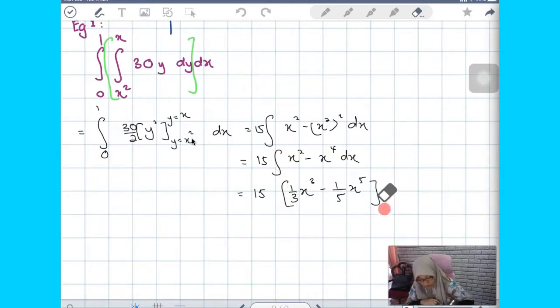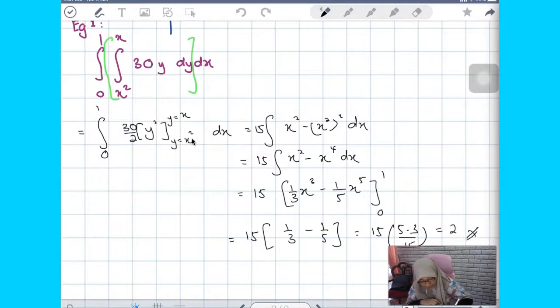So x from 0 to 1, you have 15 times 1 over 3 minus 1 over 5, minus 0. So 15 times (5 minus 3) over 15, and you will get 2. So this is the question in example 1, just evaluate directly.